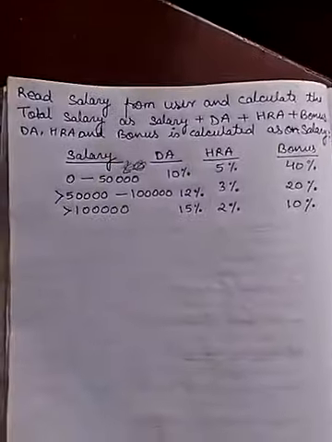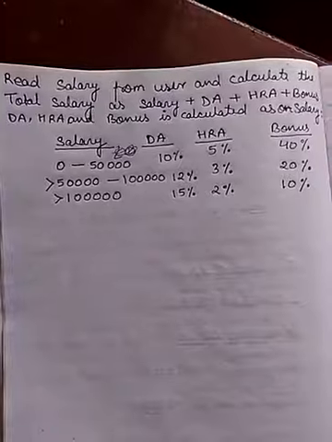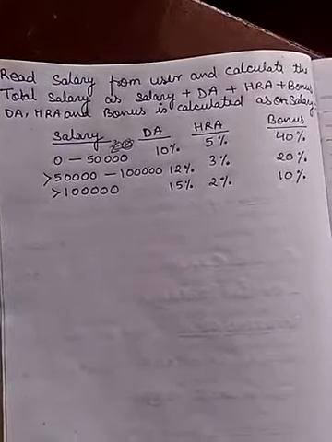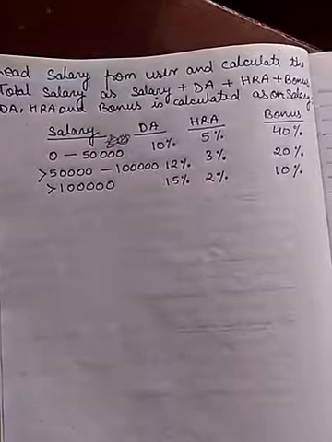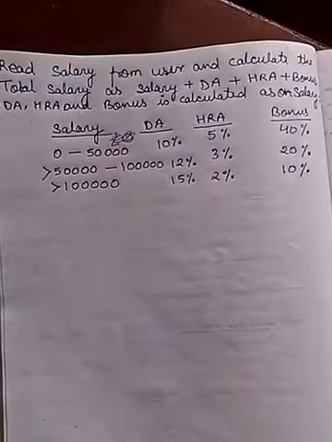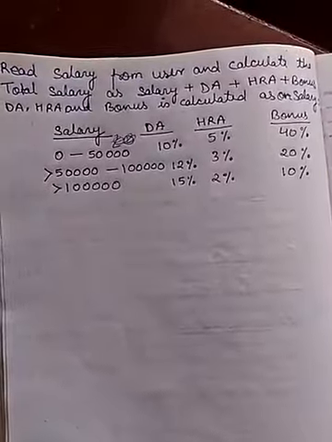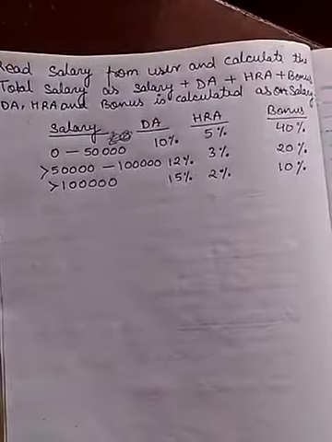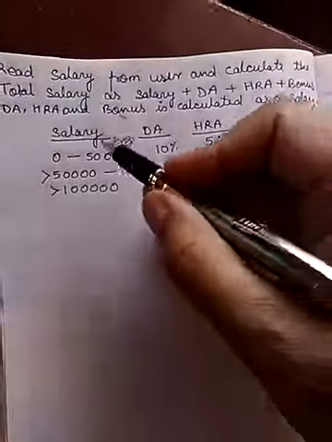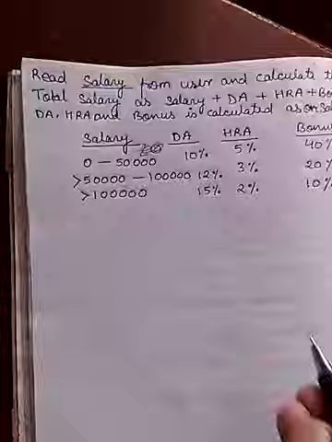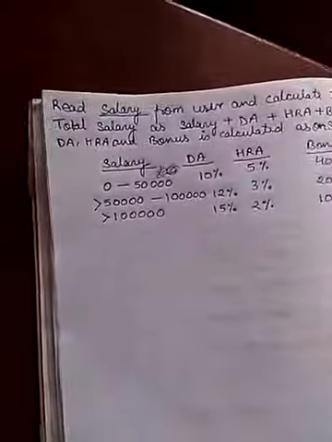In this example, the question is asking to read the salary from the user and calculate the total salary as salary plus DA plus HRA plus bonus, where DA, HRA, bonus is calculated on the salary as follows. So here first we need to read the salary from the user.